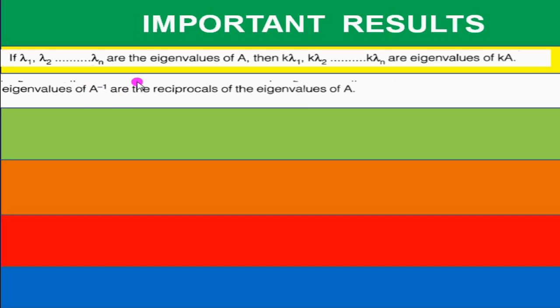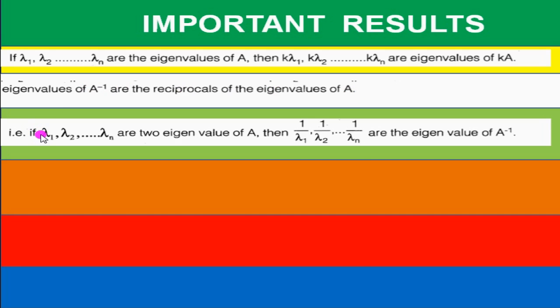Eigenvalues of the inverse matrix are the reciprocals of the eigenvalues of the matrix A. That is, when lambda 1, lambda 2 are the two eigenvalues of A, then 1 by lambda 1, 1 by lambda 2 are the eigenvalues of A inverse. This is an important result which is used in many competitive exam questions.